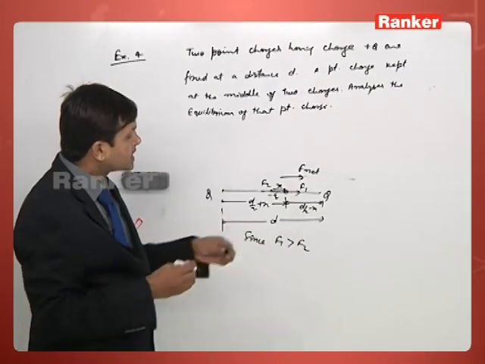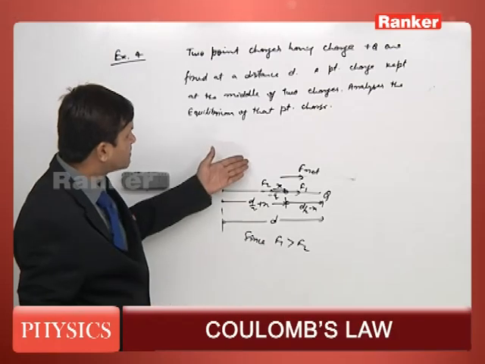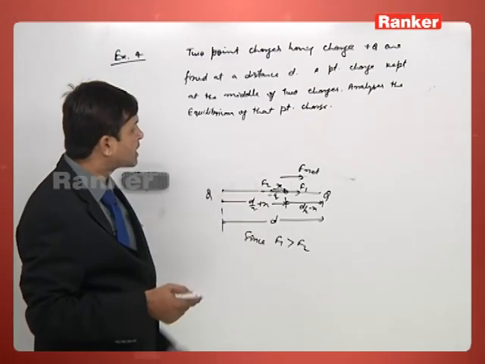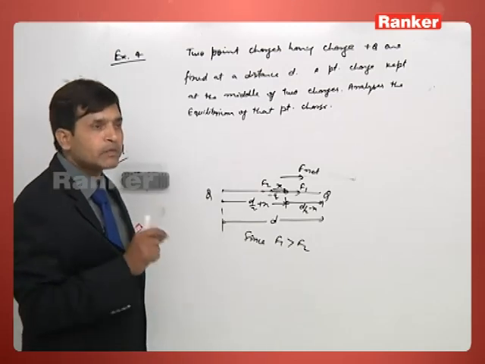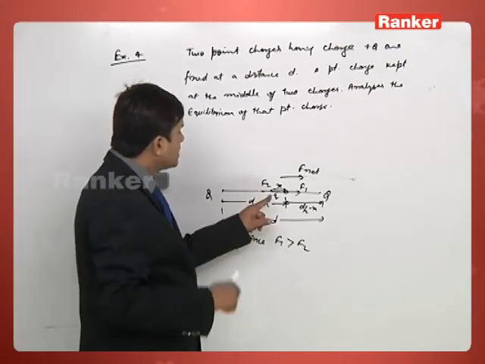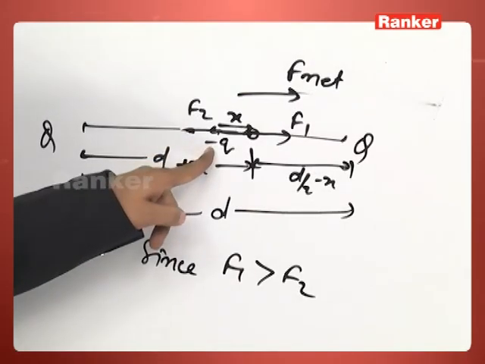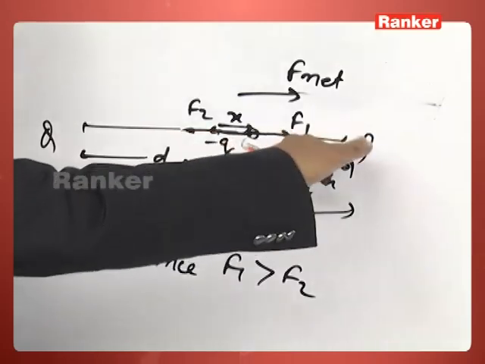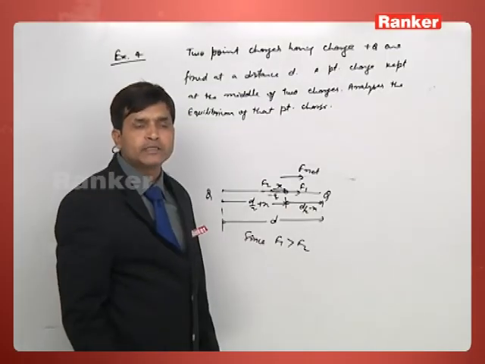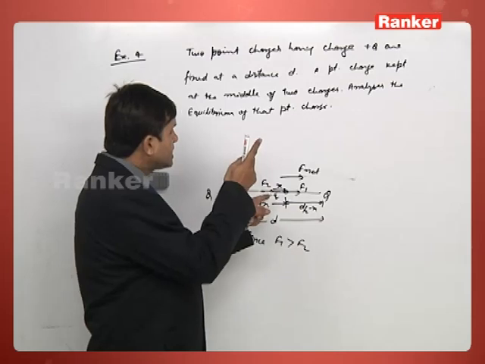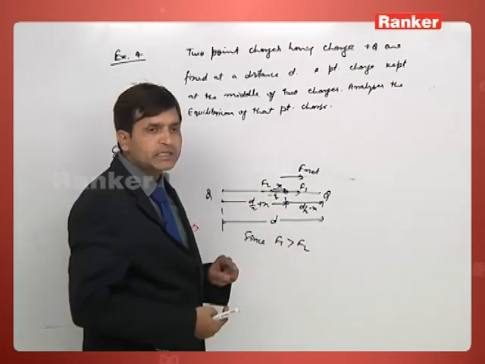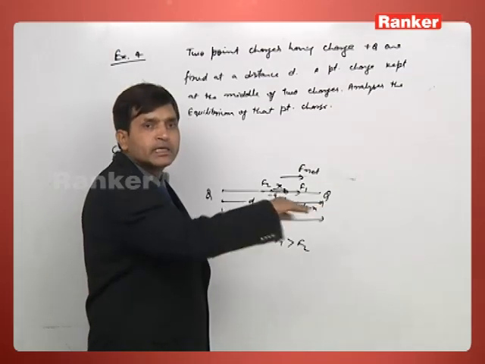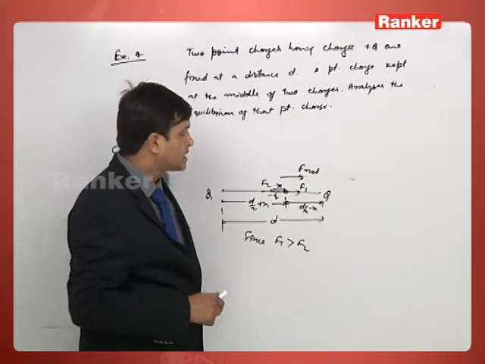Whenever the resultant force acts in the direction of displacement of the charged particle, the equilibrium of the charged particle is unstable. So what is the main conclusion here? When a negative charge was there, that negative charge was in unstable equilibrium along the line joining the two charges. But in the same question, if a positive charge was there, that positive charge was in stable equilibrium along the line joining the two charges.